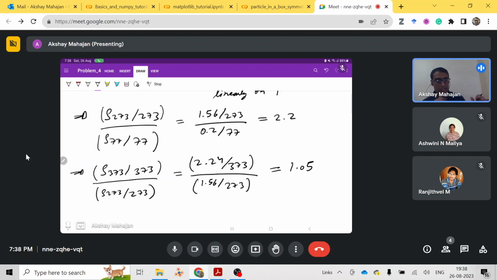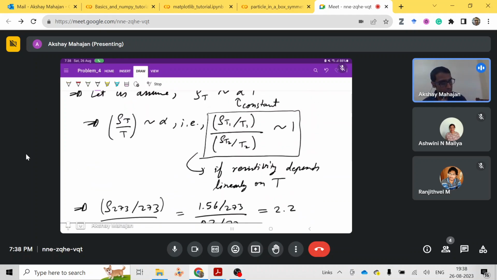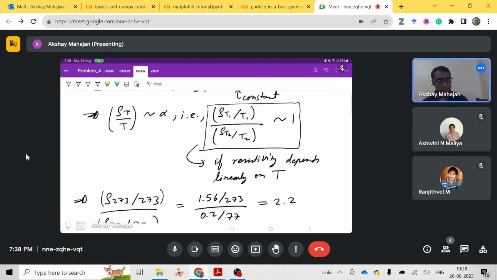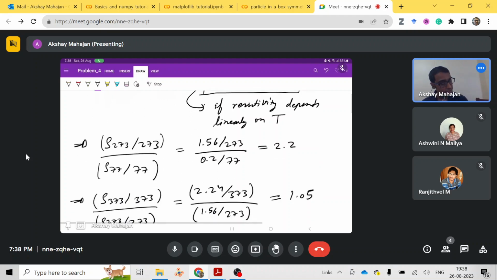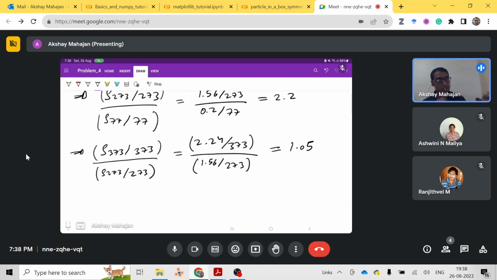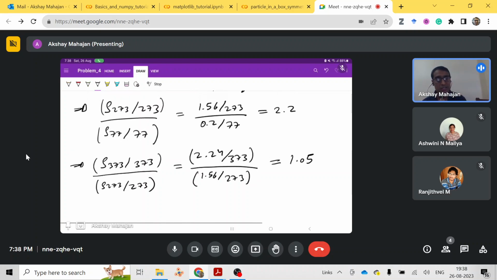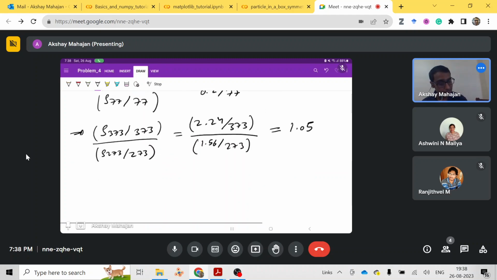Since it is coming very close to 1, this is what we should have got if the trend from T1 to T2 is linear. So we can say that from 273 Kelvin to 373 Kelvin, the resistivity must be changing linearly, but not from 77 Kelvin to 273 Kelvin.